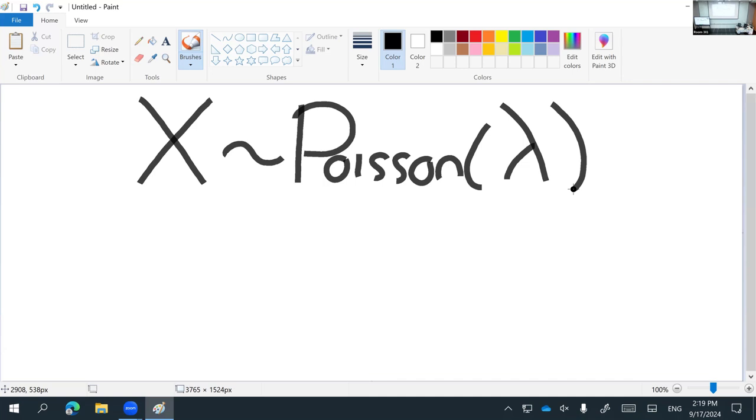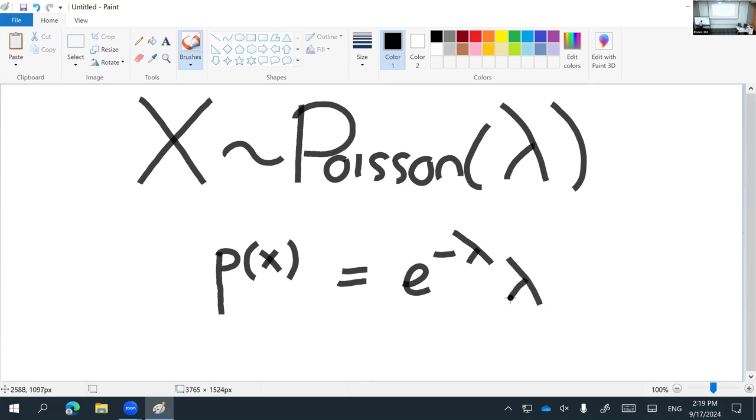That function looks like this. It just happened to be this function. Now, why did mathematicians come up with that? Very clever. And this function will look a little bit like this.